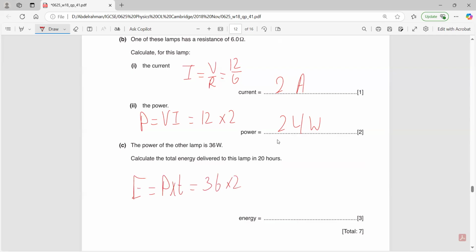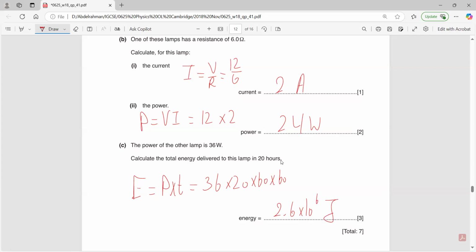The time is 20 hours, but you need to change the time to seconds, so times 60 times 60. And the total energy would be around 2.6 times 10 to the power of 6 joules.